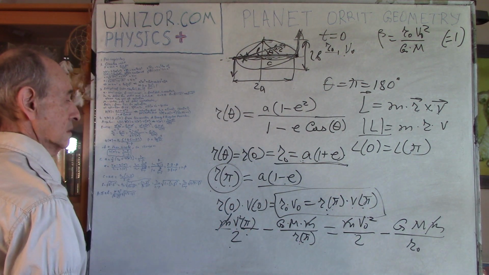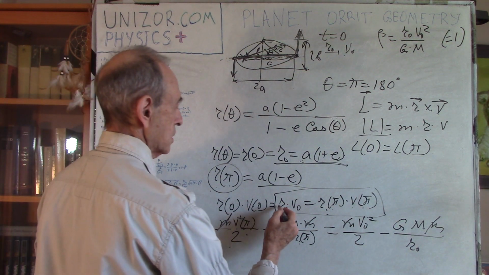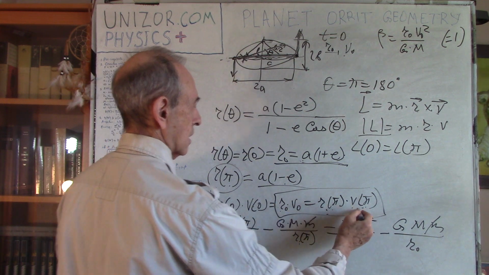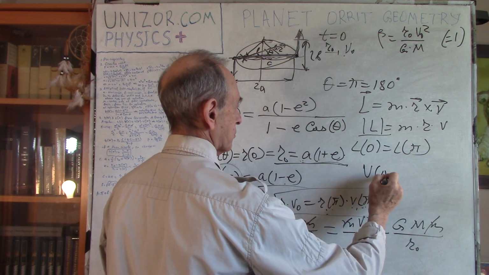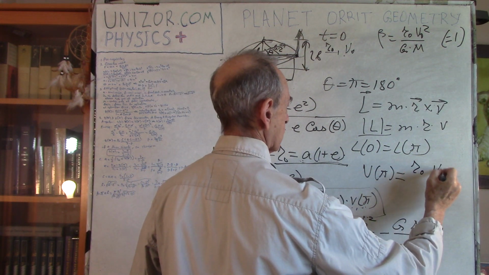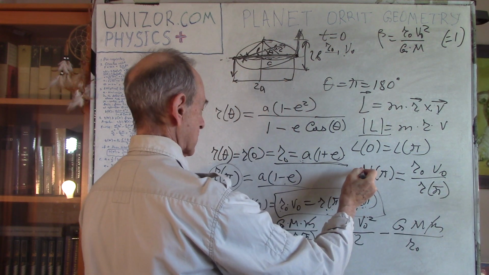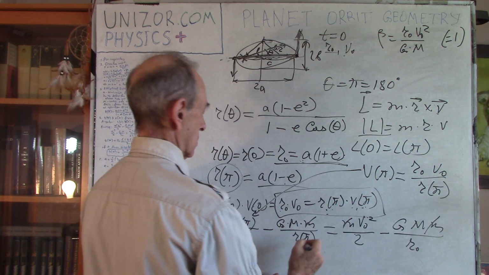So what do we do then? Well, first of all, we resolve this for v of pi, which is equal to r0 v0 divided by r of pi, and we substitute it into this equation.